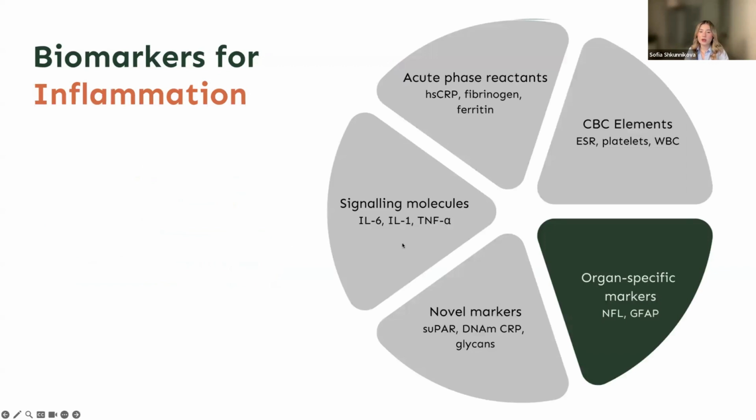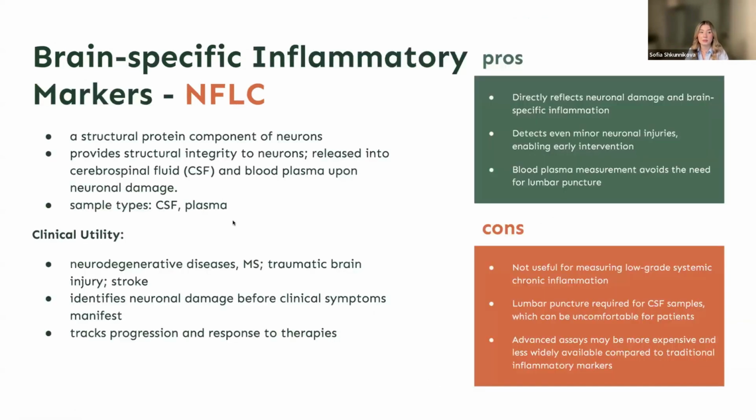Next, I will move on to the organ-specific markers, and these ones are particularly relevant for patients with neurodegenerative disease, MS, or stroke. And two of them can be measured, so that's the NFL, or neurofilament light chain, and the GFAP, which is the glial fibrillary acidic protein. These markers are released upon neuronal damage and can be measured both in cerebrospinal fluid and in plasma, as you can see here.